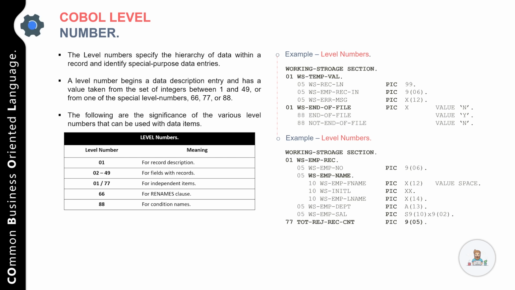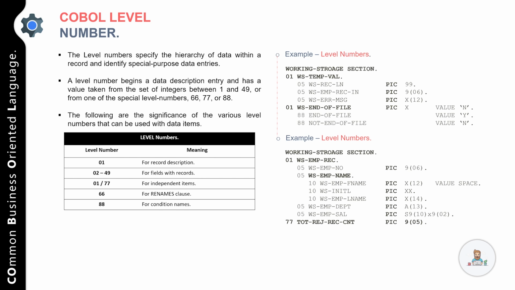The first one is end-of-file, it is basically a switch, and the second one is not-end-of-file, and they have a default value of n, y and n. So by default the value is n, and based on my logic I'll keep on tweaking the value of these level 88 variables.